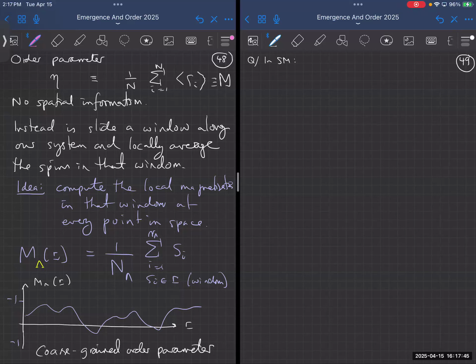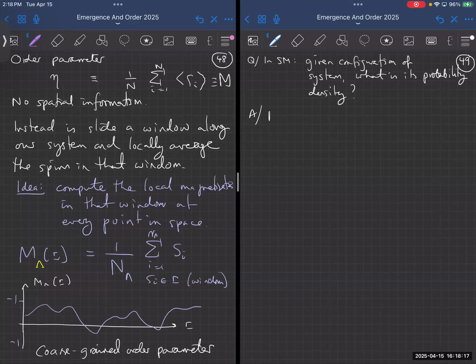We want to ask, given the configuration of the system, what is its probability? So that is the fundamental question in statistical mechanics, and we know the answer to that.